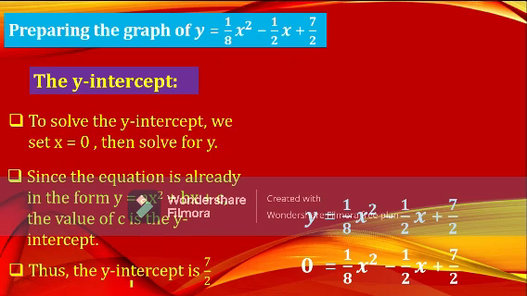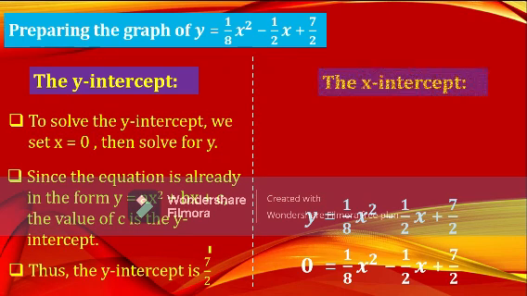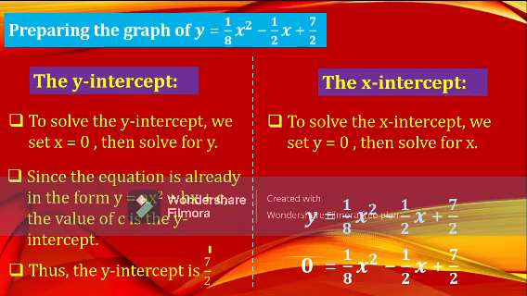Thus, the y-intercept is 7/2. So for the x-intercept, we set y equals 0, then solve for x. So the solution would be y = 1/8 x² − 1/2 x + 7/2. So you are going to set y equals 0.